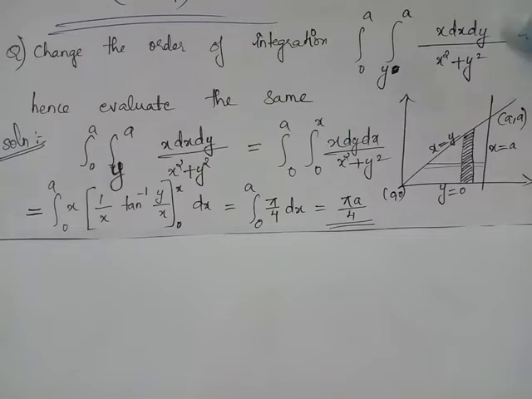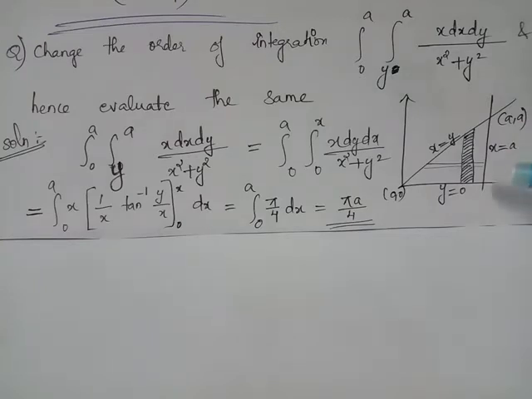Now y has limits y equals 0 to y equals a. It's clear that this straight line passes through y equals 0 and y equals a. Therefore, this triangular region is the region over which we have to perform integration.